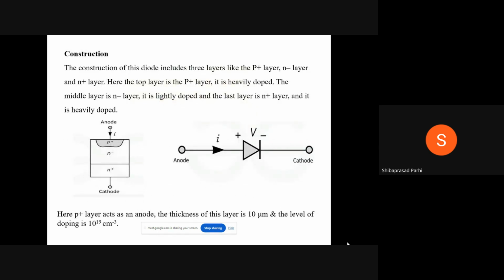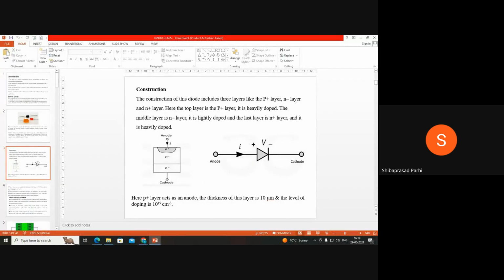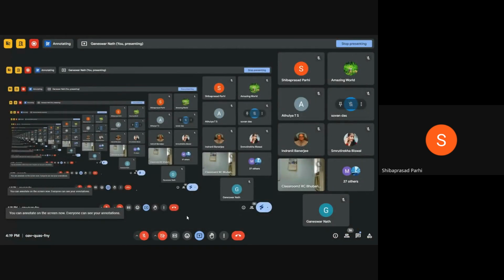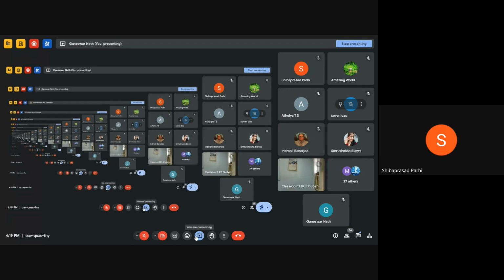Now we can see the second slide. Am I audible to all?